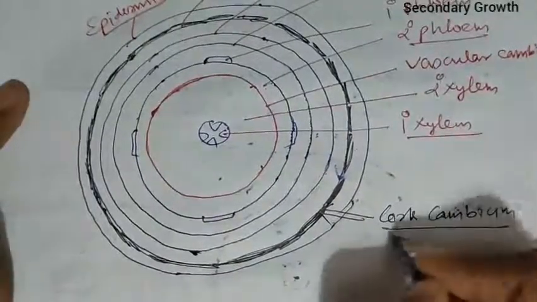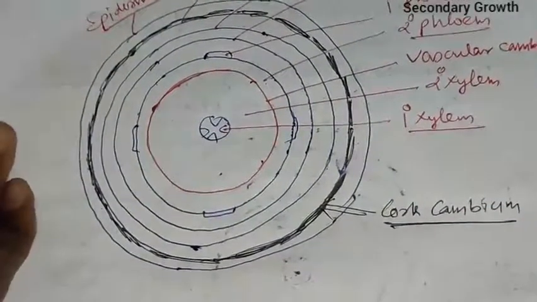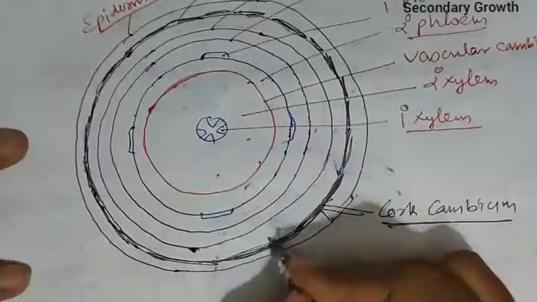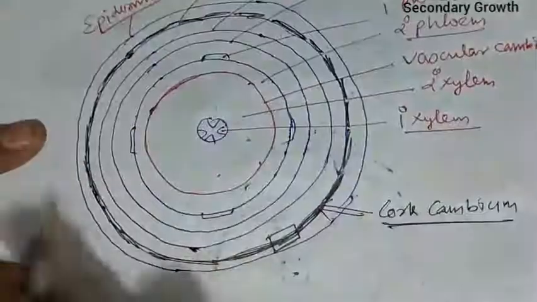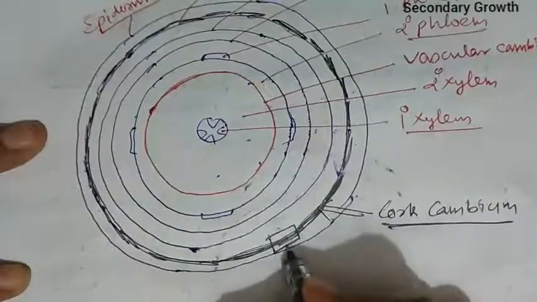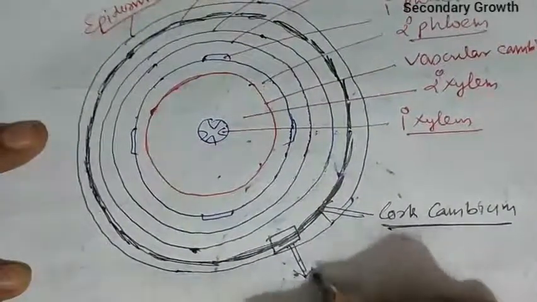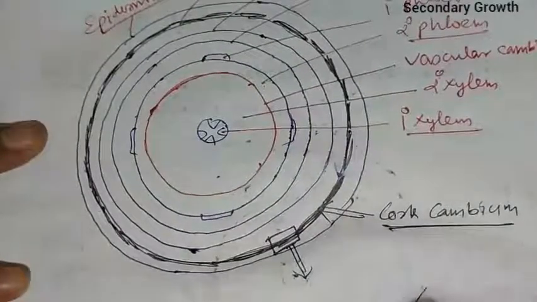Now if we talk about cork cambium activity, I am showing the activity only in this part, but it happens in the complete cork cambium. Suppose this is the cork cambium.